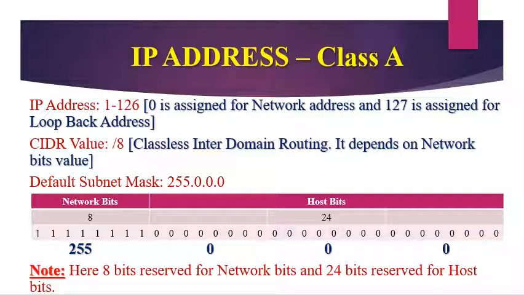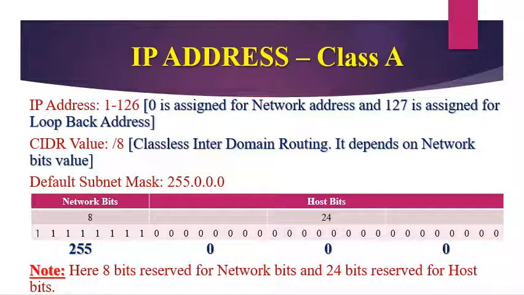For example, in class A, the range of IP addresses is specified from 0 to 127. But here I have mentioned 1 to 126 because in every network, the first address and last address will be assigned for the network address as well as the broadcast address.